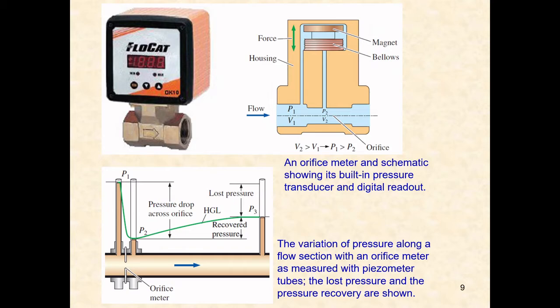When the fluid flows from a bigger area to a small area, the velocity speeds up in the small area, but the pressure drops.